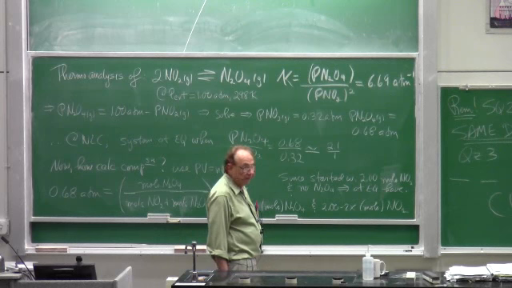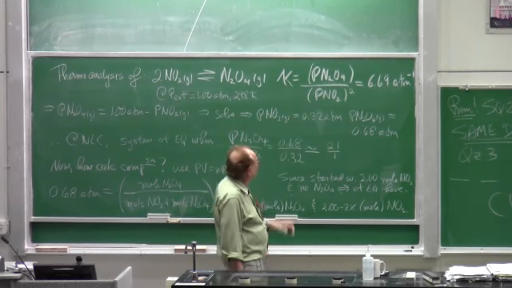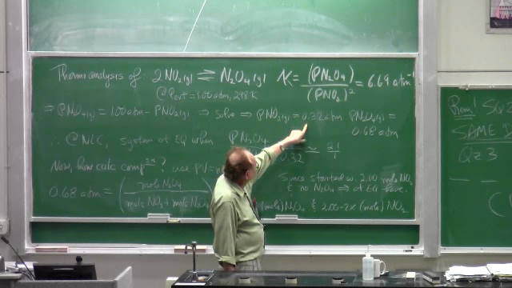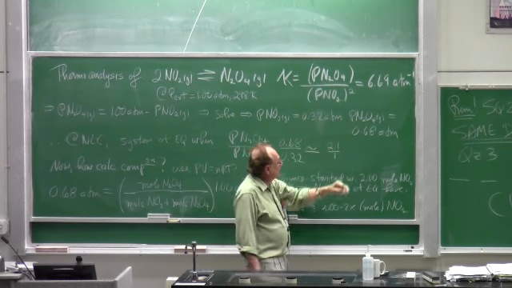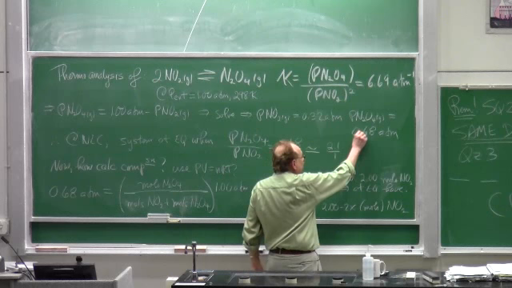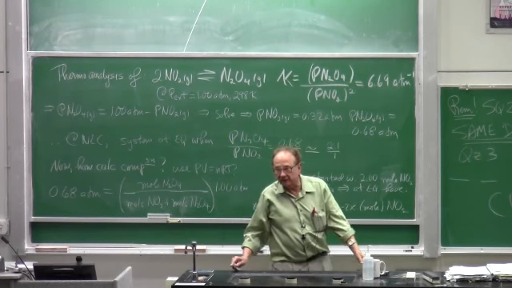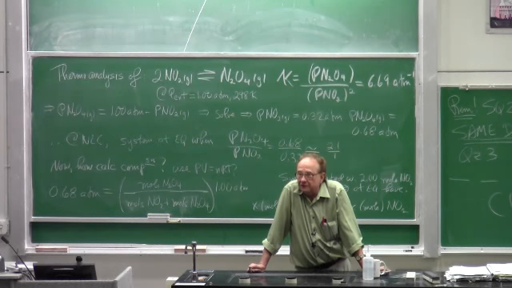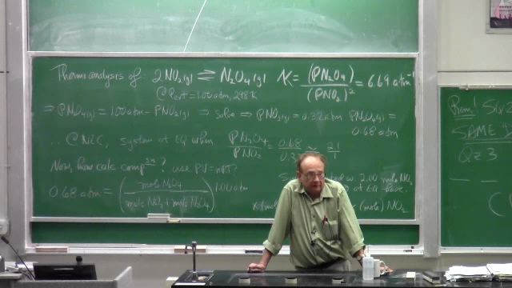Nothing fancy, simple, first order arithmetic. 0.32 atmospheres for partial pressure of NO2 and 0.68 atmospheres for partial pressure of N2O4. And we would well expect before we did this calculation that the partial pressure of N2O4 has got to be greater than the partial pressure of NO2 because we know the system is far richer in N2O4.